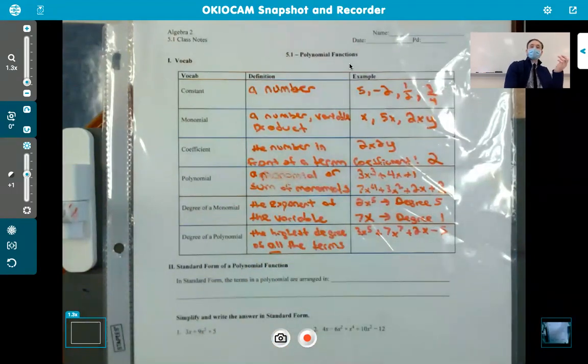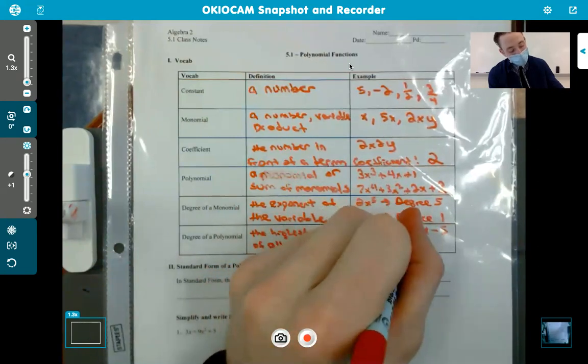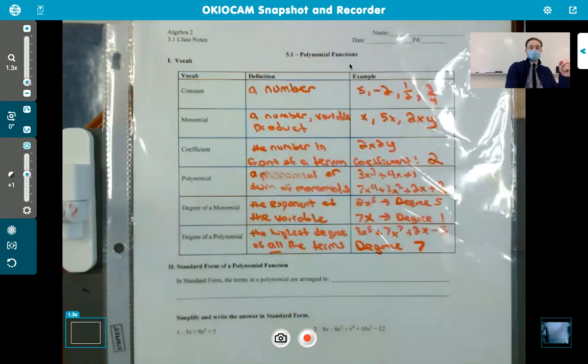That's a polynomial. It's the sum of those monomials. It's the sum of all those terms. And if we're looking at the degree, it's the highest degree of all the terms. So what we want to look at, and this is another thing that's going to come up on your homework tonight, is what's the degree of this polynomial? You're going to look for the highest exponent. Well, out of that polynomial, what's the highest exponent you see? 7. So this is degree 7. Okay.